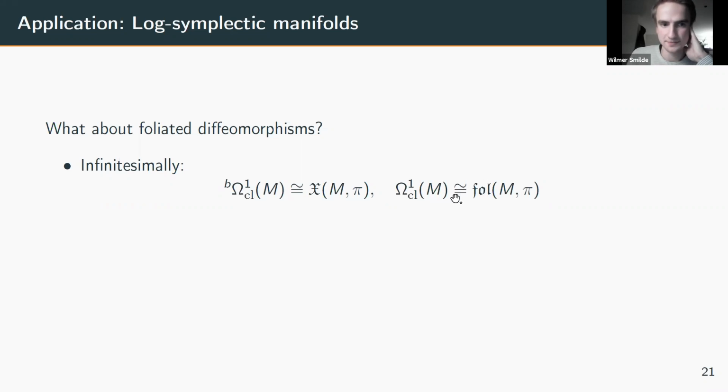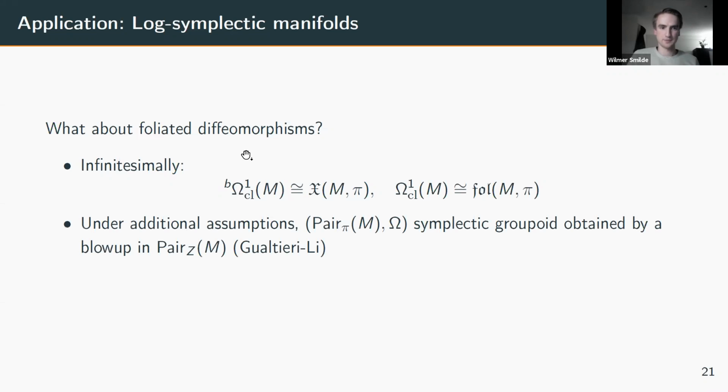Because of this isomorphism and the fact that the Lagrangian bisections of a symplectic groupoid form a Lie group integrating this Lie algebra, we should look at the symplectic groupoid to say something about the foliated diffeomorphisms. So under some additional assumptions on the log symplectic structure, you could obtain a symplectic groupoid by performing another blow-up construction in the log pair groupoid.